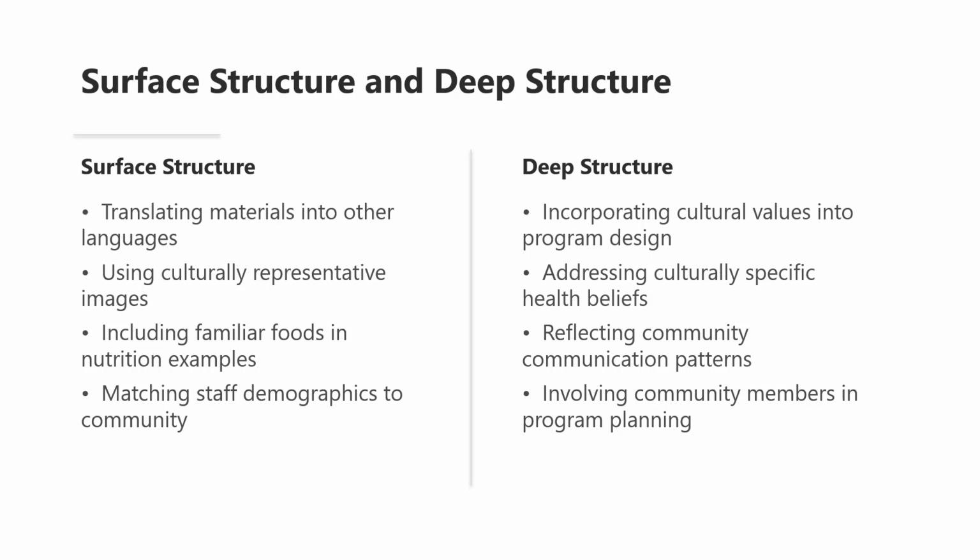This includes translating written materials into the language spoken by the community, using images and photographs that represent the people in the community, incorporating familiar foods and activities into examples and demonstrations, matching the demographic characteristics of program staff to those of the community. Surface structure adaptations are important because they increase the face validity of the program.